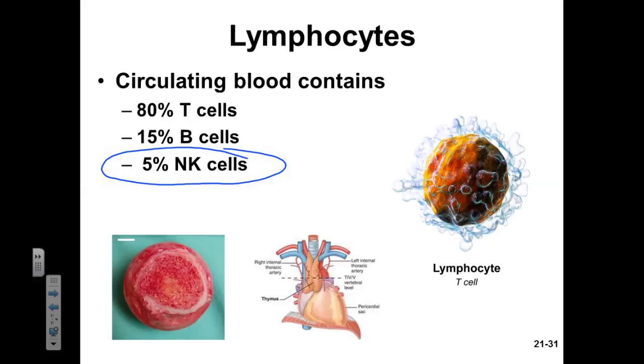So this precursor lymphocyte will turn into a T cell, a B cell, or a natural killer cell, an NK cell. T cells are matured in the thymus, B cells in the red bone marrow. Our natural killer cells, we are not going to spend any time talking about, other than to say that they're super cool. They're my favorite one. And you can take physiology to learn more about the natural killer cells.